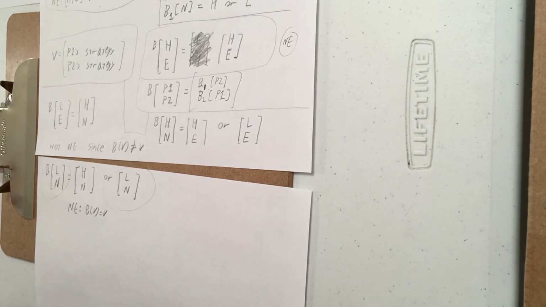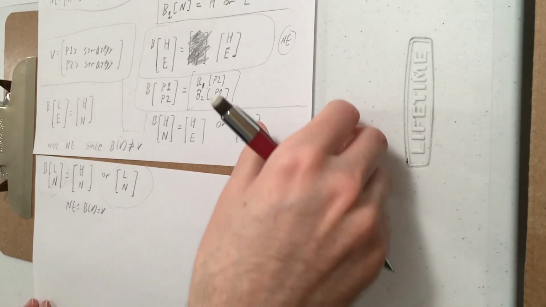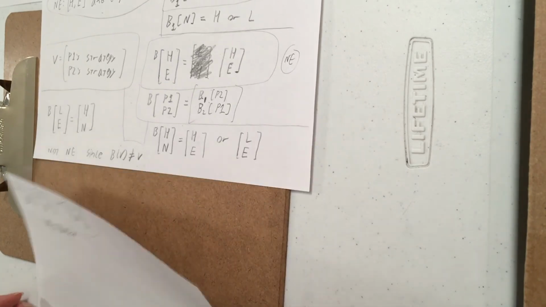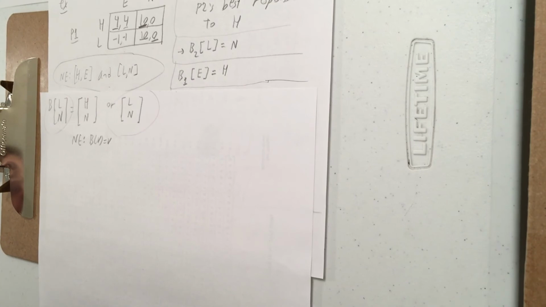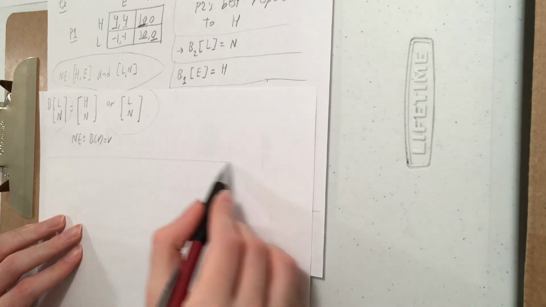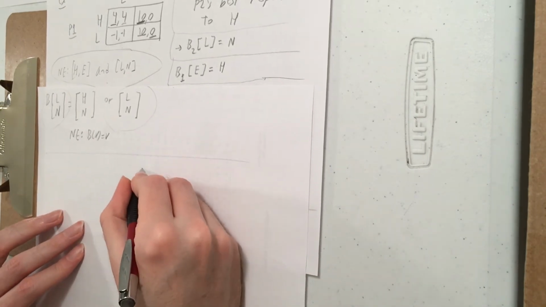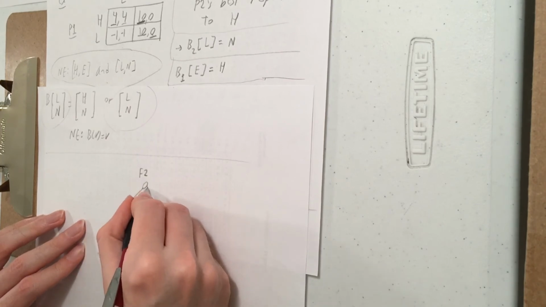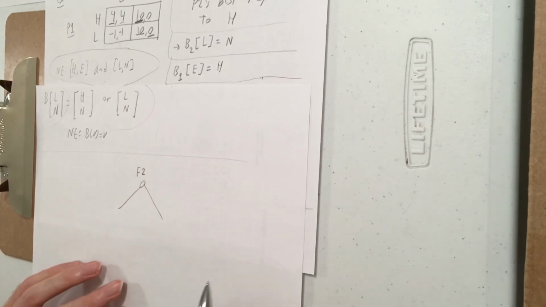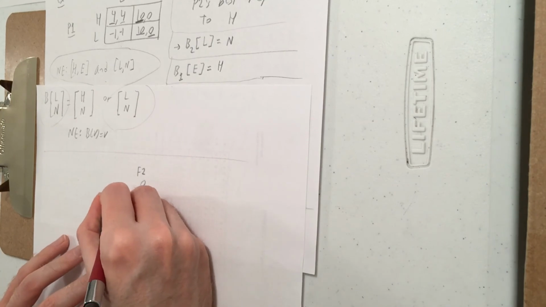Now, this game here is actually not entirely novel to you guys. It's actually a rewritten version of the market entry game. You guys recall it from chapter 3? In the market entry game, firm 2 could decide if they want to enter or not enter.